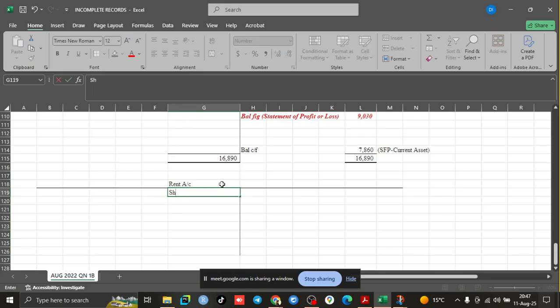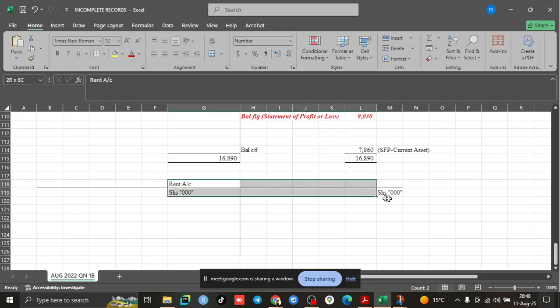Rent account, shillings in thousands. So brought forward iko on the debit, carry forward iko on the credit because it's an asset account.